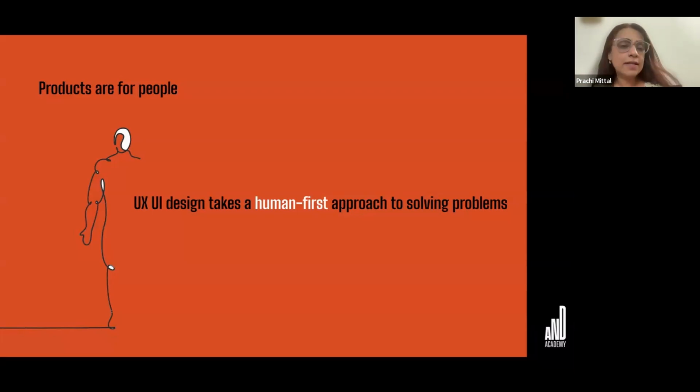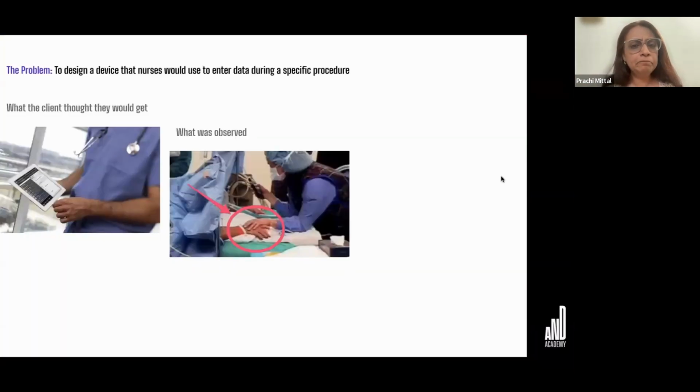And we're going to understand this using an example, and I think that's what the next slide is. Yeah. So this is a very famous example. When IDEO was approached, IDEO is a design thinking lab based in the US.